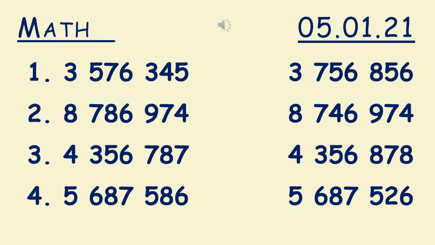Here are the 4 pairs of numbers we would like you to use. Remember, place both numbers in the place value grid, one under each other, and identify which is the largest number using the place value grid, starting with the largest place value first and working your way back.